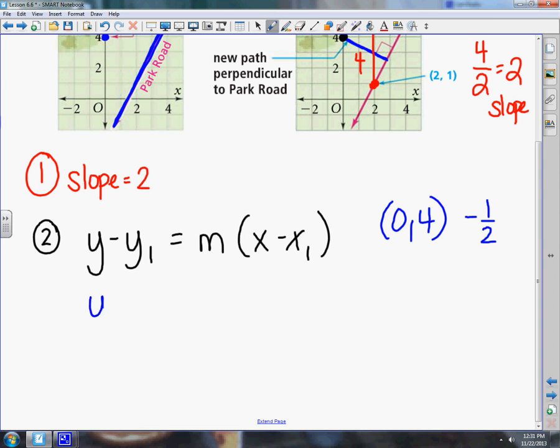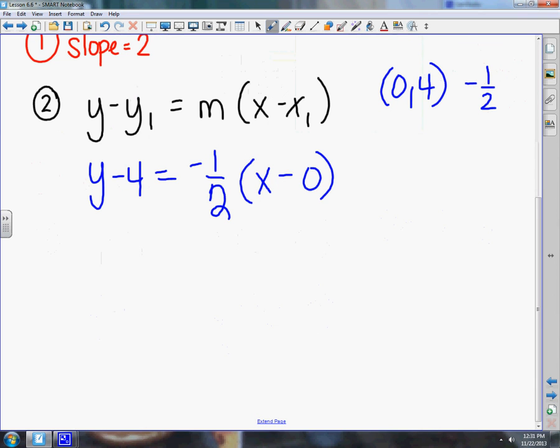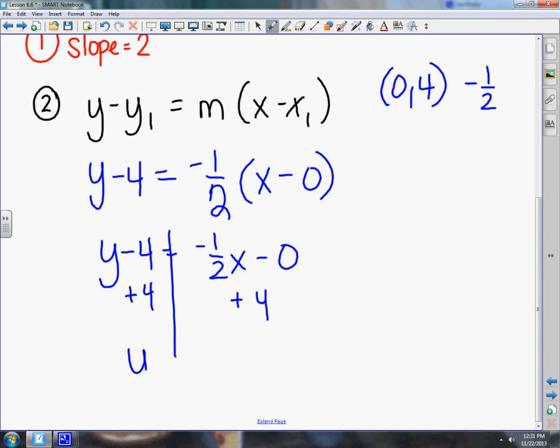So now I'm going to do y minus 4 equals negative 1/2 times x minus 0. Then I add 4 to both sides, so I get y equals negative 1/2 x plus 4 is the equation of that line.